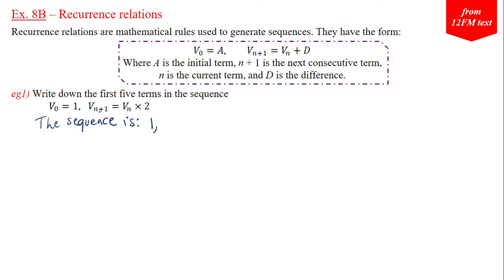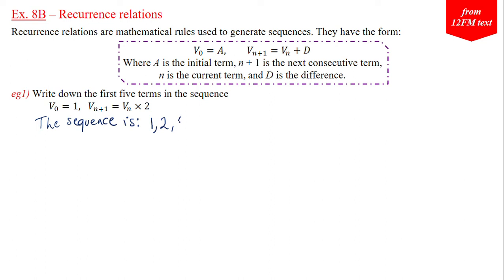For the next value, if n is 0, n plus 1, V1, the first value, is 1 times 2, which gives us 2. The third value, or the second term after the initial, we then multiply this number by 2. Each single time that we go across, we are multiplying by 2.